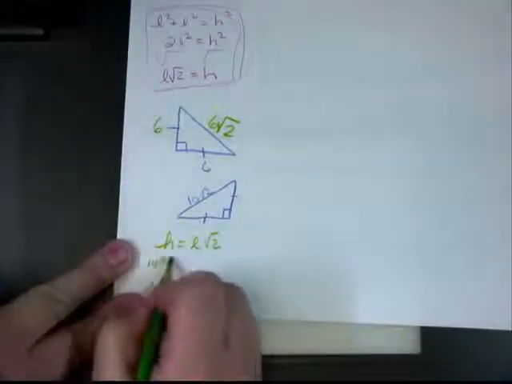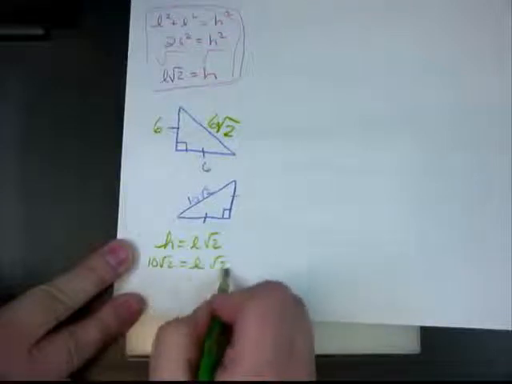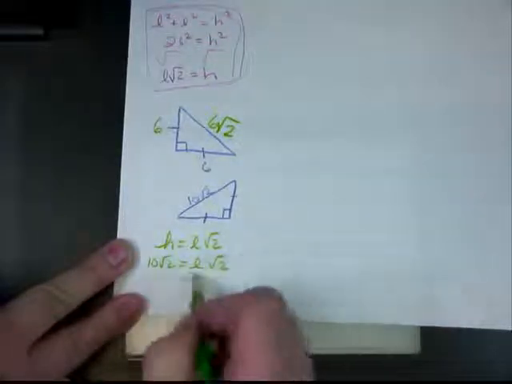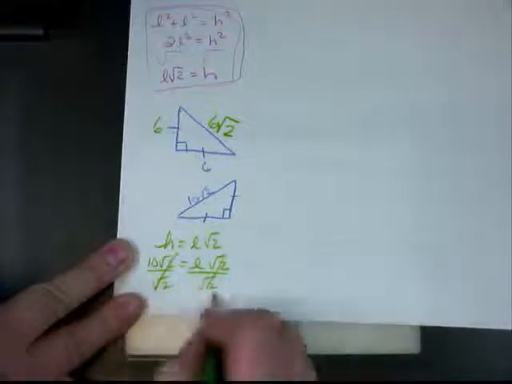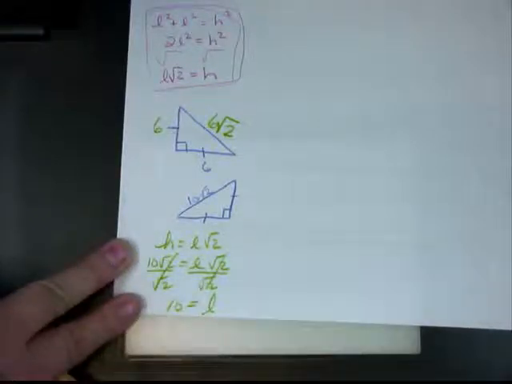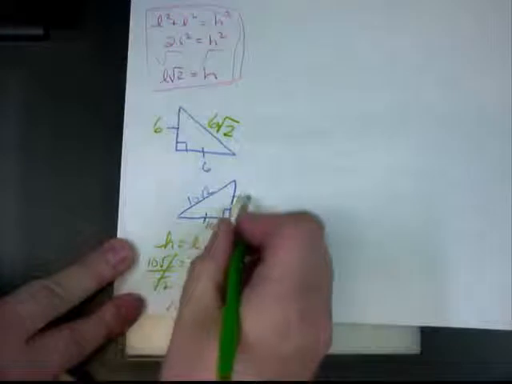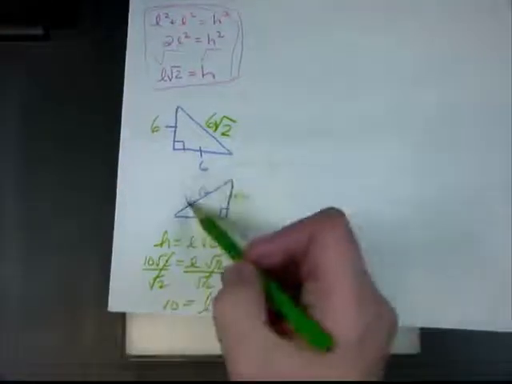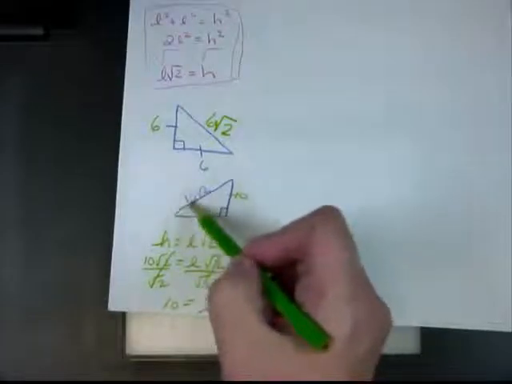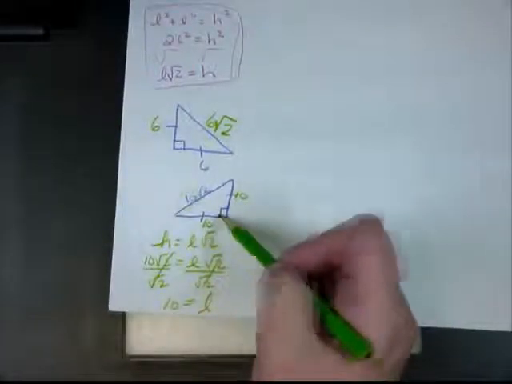So I can set that 10 root 2 is the leg root 2, divide by the root 2, so the legs must be 10. Or knowing that this is leg root 2, you can just look at it and say 10.